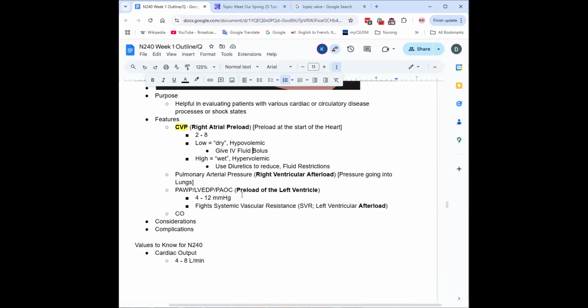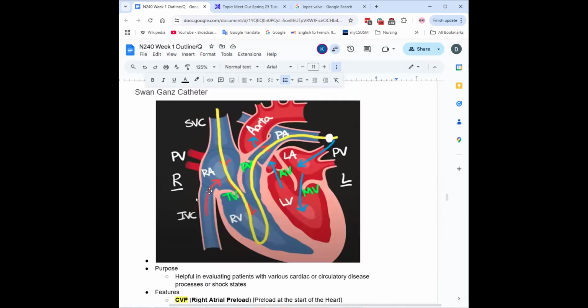Okay, how about this one? I don't know if he's mentioned this before, but it might be in week 3 instead. Just for reference, with MIs, you give your MONA. If people have right-sided MIs, that causes issues with the right side of the heart.